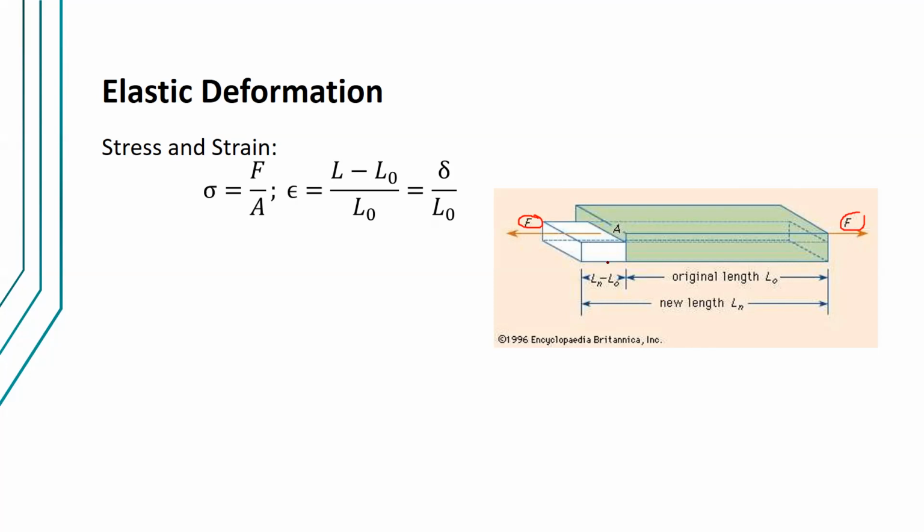Now, what if I want to solve for the change in length, delta L or Ln minus L0? We know that stress and strain can be computed as follows. So stress is force over area, and strain is the new length minus the original length over the original length.